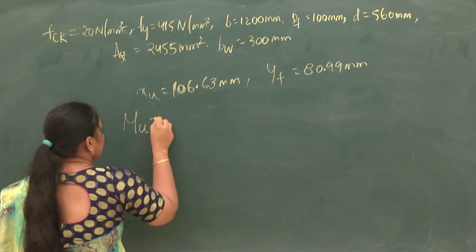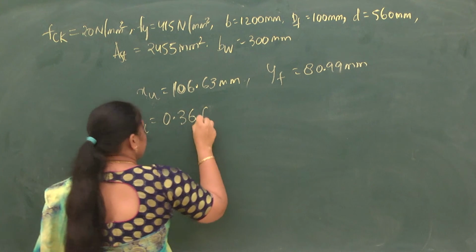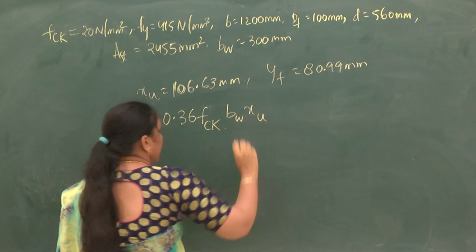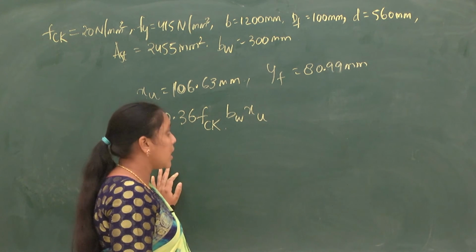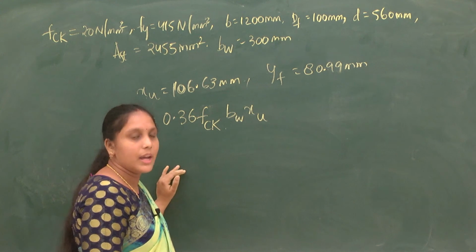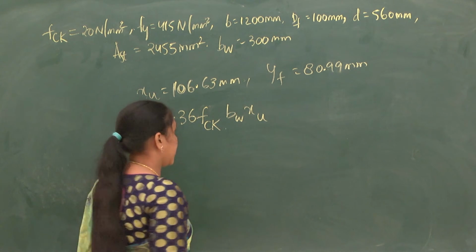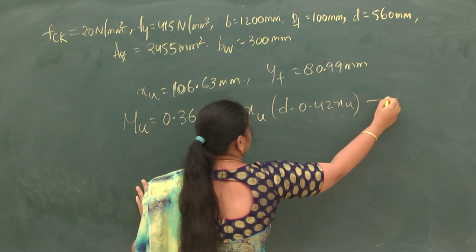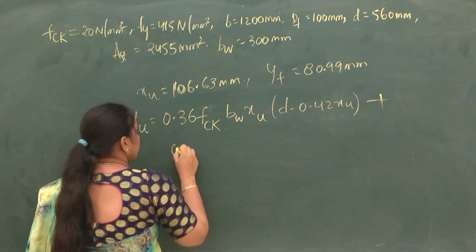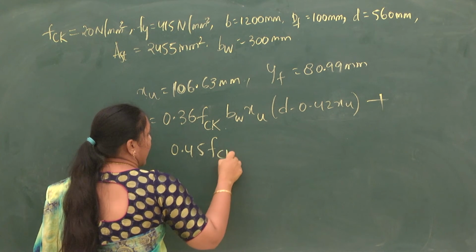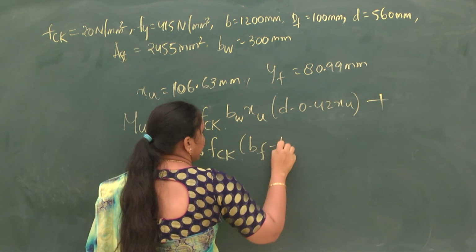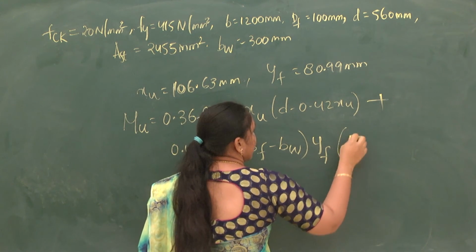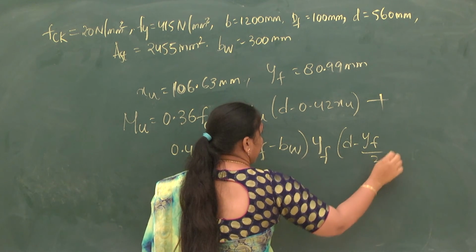So Mu is equal to 0.36 fck bw into xu. Here we have to consider xu only, because xu is less than xu limit, it is an under reinforced section, into d minus 0.42 xu, plus 0.45 fck into df minus bw into yf into d minus yf by 2.